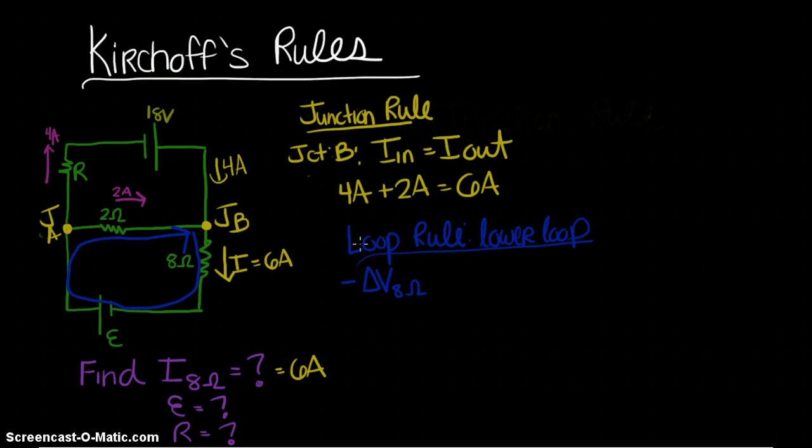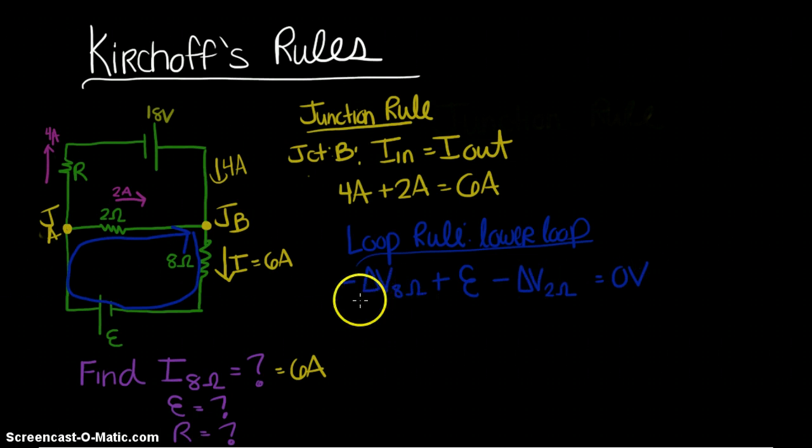The next thing I need is to go through the battery. So that's going to be plus the EMF of the battery. And I come up this branch and through the 2 ohm resistor, so I'm going to need the delta V across that 2 ohm resistor. Alright, and then I'm back to the beginning. So this equals 0 volts.